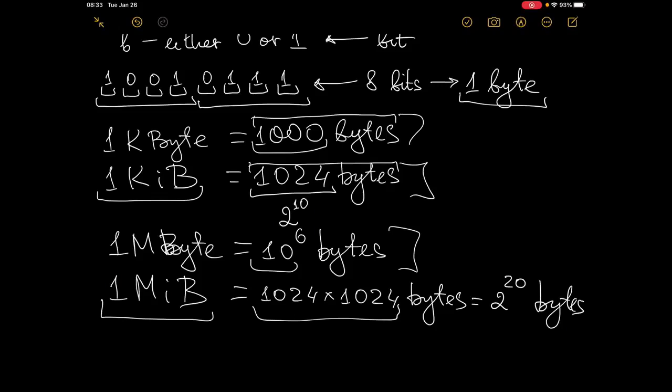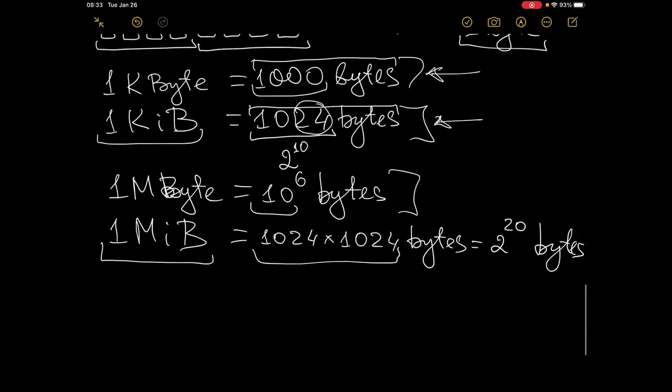It looks like a very small difference, right? But if you are talking about gigabytes, the difference is not that small already. This is why the standardization institute decided, okay, let us separate what was used before by computer professionals and what is used by everybody else.